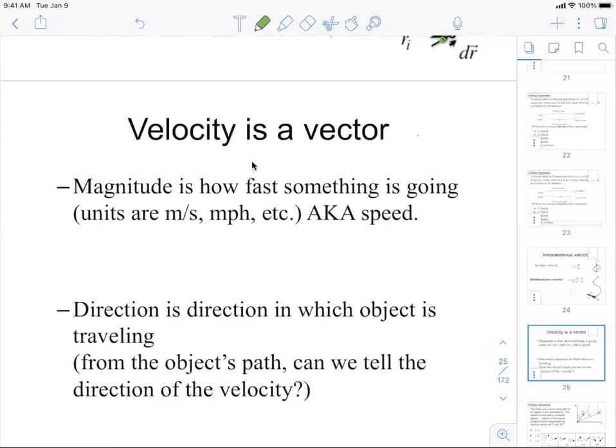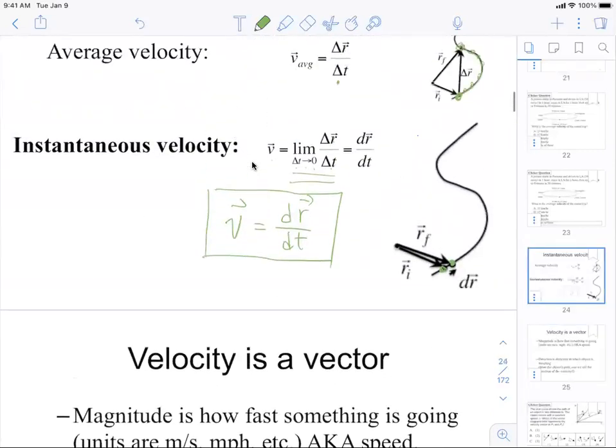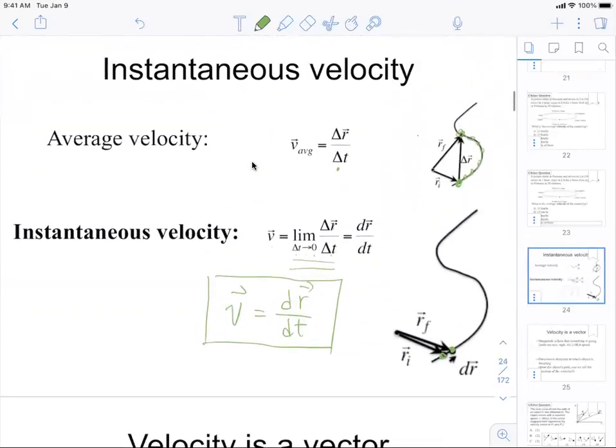The next question is about interpreting some different graphs from the object path. Can we tell the direction of the velocity? So I'm going to go to this graph again.